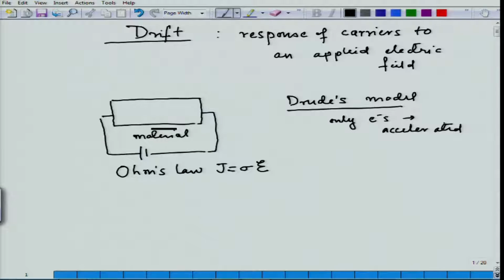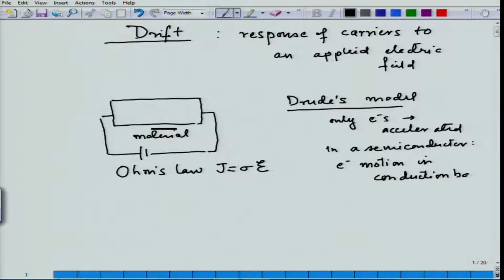Now, having gone through this whole circle of understanding the electronic structure of materials, in a semiconductor we have not only electrons, whose behavior we look at in terms of electron motion in the conduction band, but as described earlier, we also think of the motion of electrons in the valence band in terms of hole motion in the valence band.